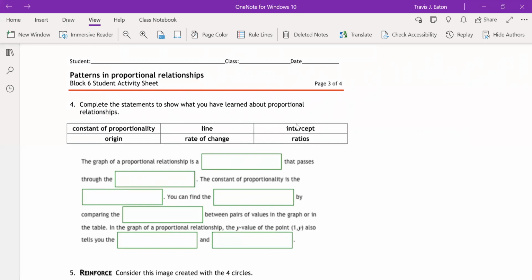Complete the statements to show what you have learned about proportional relationships. Now, the word bank choices are constant of proportionality, origin, line, rate of change, intercept, and ratios. Of course, to know where to put all of those, you're going to have to know what they mean. So make sure you brush up on the definitions of those and how they're related to this paragraph right here.